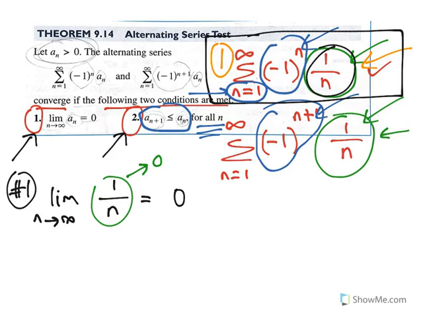So how do you check for that? There are two ways you can check for it. You can check for it by algebraically comparing an arbitrary pair of consecutive terms, or you can use calculus. In this example, it's easy enough to algebraically compare an arbitrary pair of consecutive terms. Now, what does all that mean?